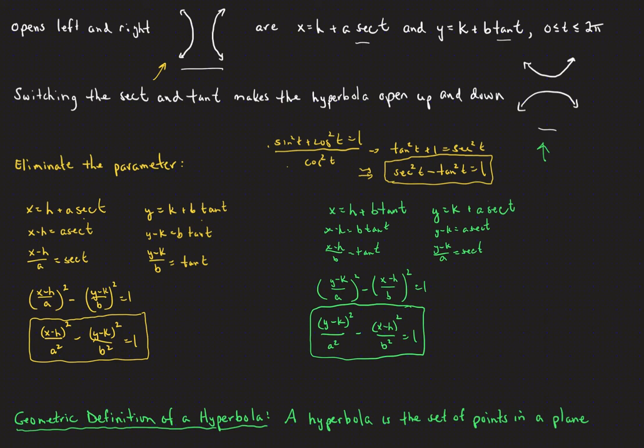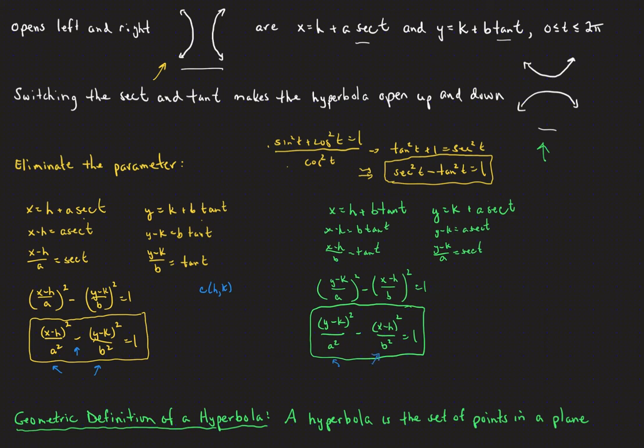When we look at this, there are some notable characteristics. As usual, we can see the center, h and k. That's the translation part that we have seen in pretty much every equation that we have had before. Now, the big thing different than an ellipse is you're going to see a minus sign. You're going to get an a squared and a b squared like we saw with the ellipses.